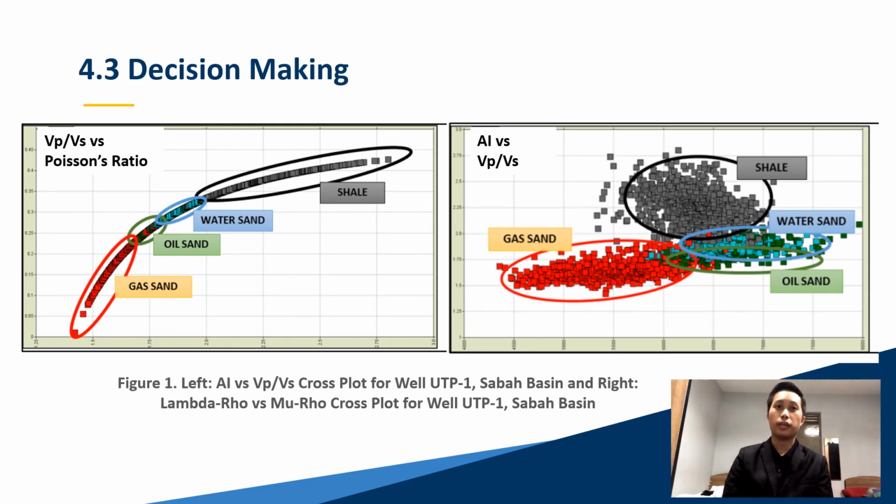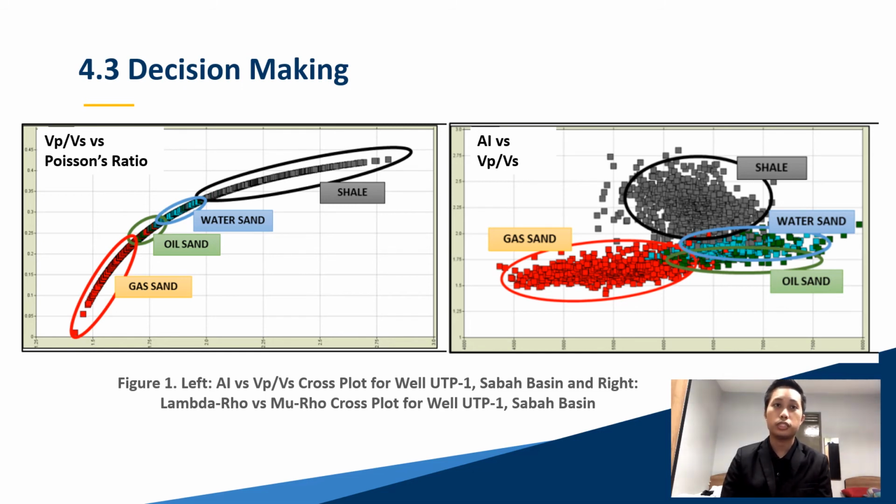Now, let us compare the cross-plot results of the 4 elastic property domains. The first cross plot on the left represents VP/VS against Poisson's ratio. Meanwhile, the cross plot on the right in figure 1 shows acoustic impedance versus VP over VS. This data is from an article by Shirley, Almana, Hermana and Ghosh 2017, which is situated in Sabah Basin.